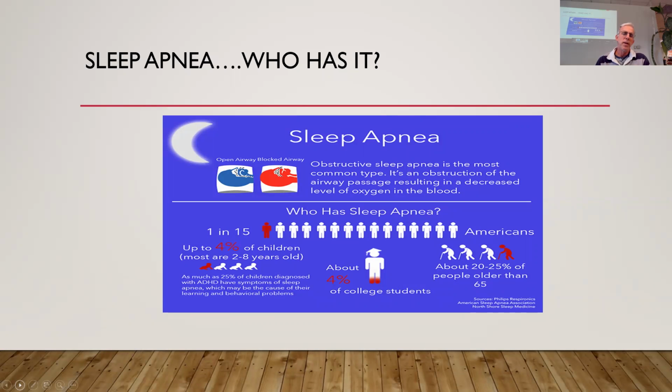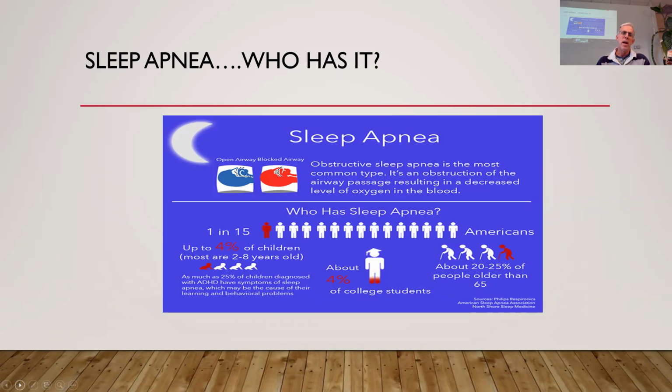According to this graph here, 1 in 15 Americans have sleep apnea. At least that's how they determined it. Now, how many have it and are undiagnosed may actually be a factor in that 1 in 15, or the numbers might actually be greater than 1 in 15.